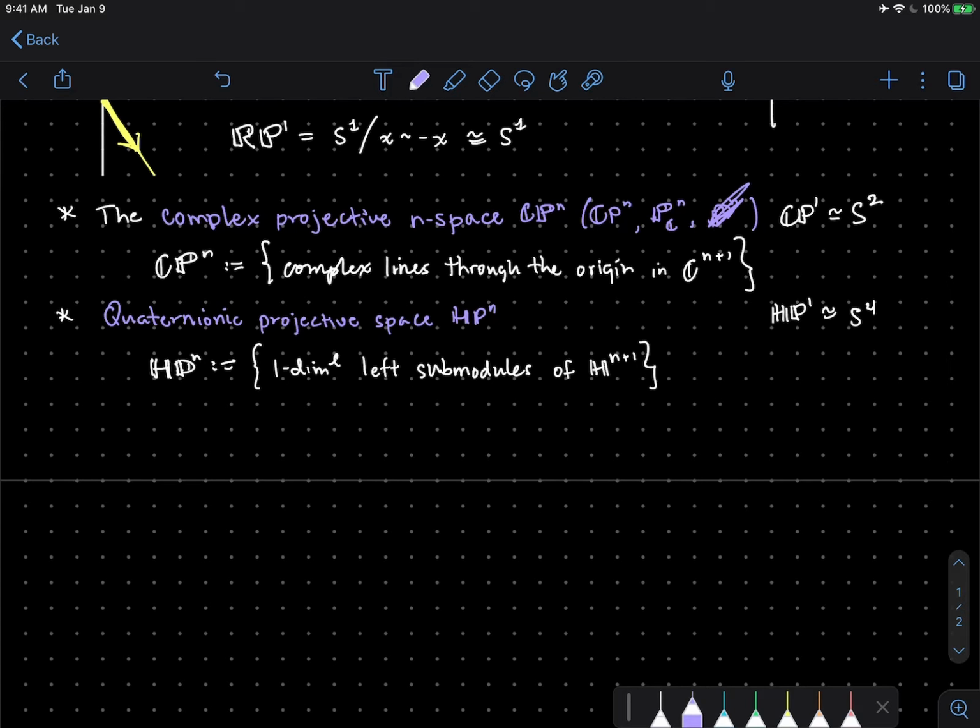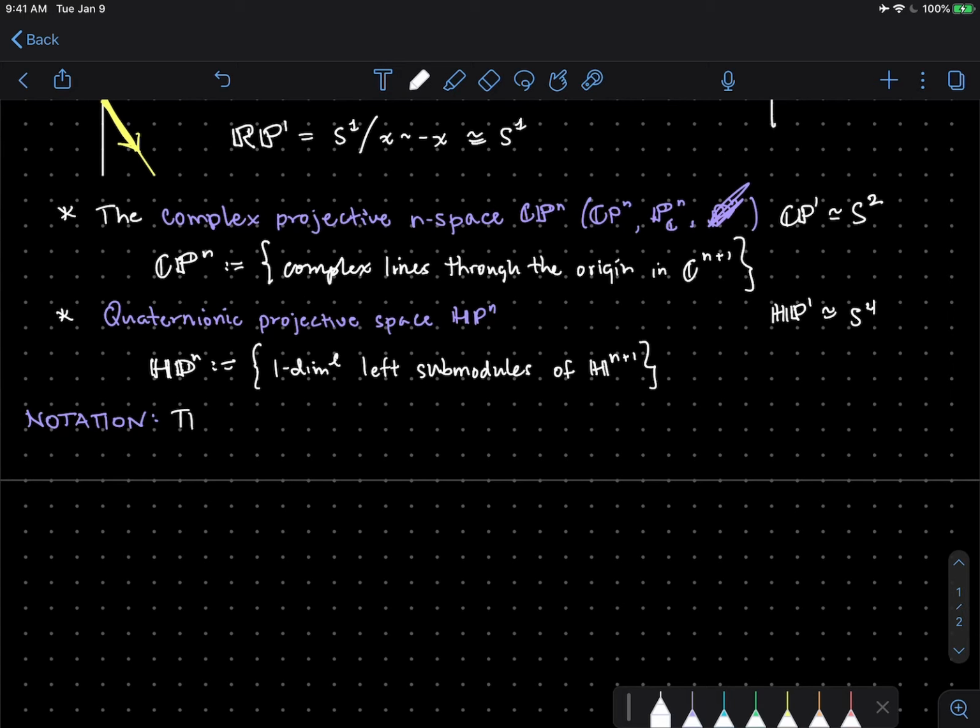Let me now just focus on real projective space. For simplicity's sake, all of what I'm about to say ports over without any modification to the cases of CPn and HPn.